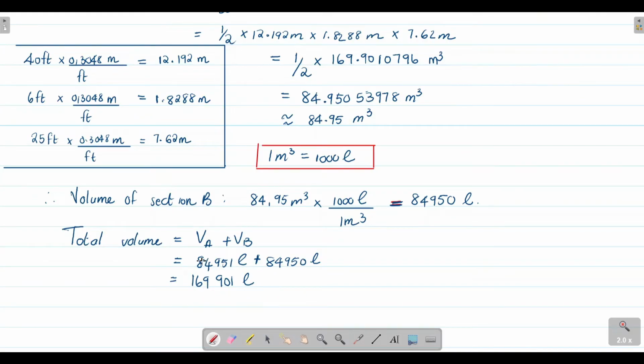So this is actually a value that is greater than 169,900 by 1. Okay, so we can see then that in this case, Mrs. Palati's claim was correct. Pool A can hold over 169,901 liters of water.